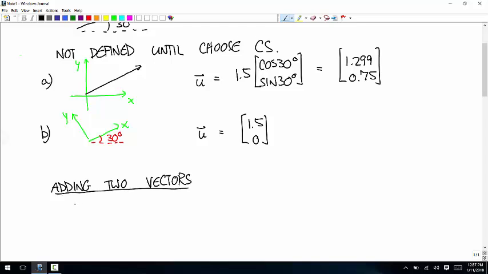Okay, so if you are adding the vector AB to the vector CD, the fact that you have these vectors in a component form means that the coordinate system's already been defined. And if you add these up, you get an x component of A plus C, a y component of B plus D. All this stuff works in 3 dimensions too.